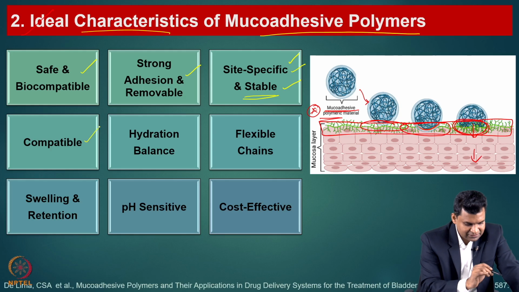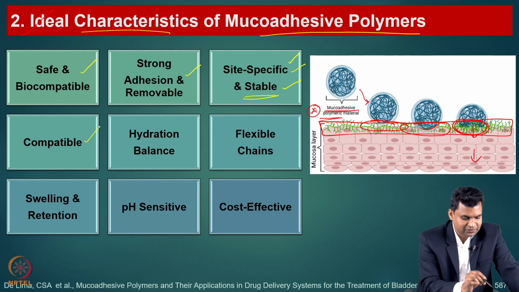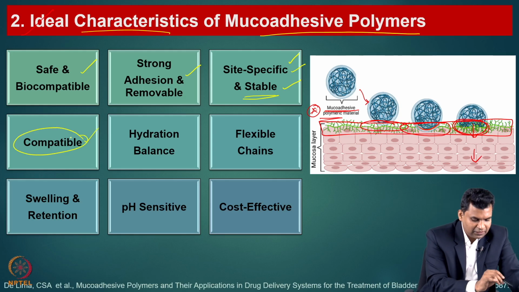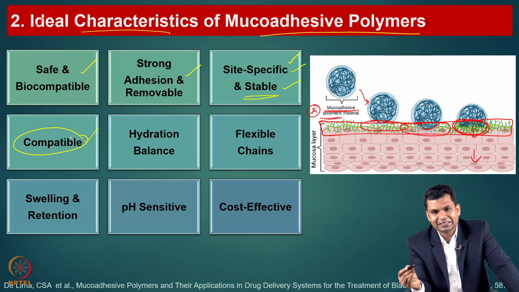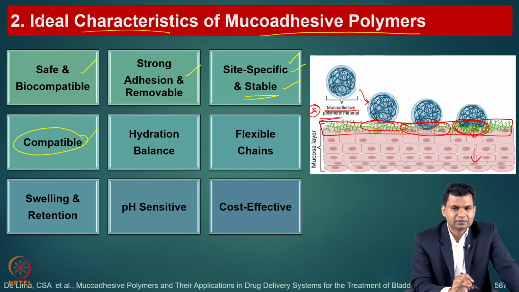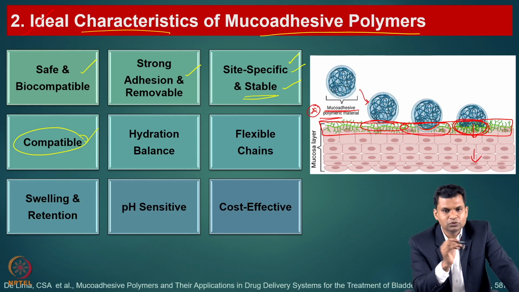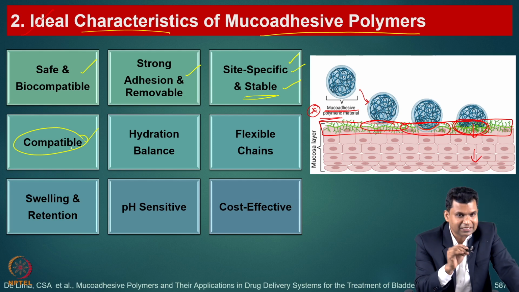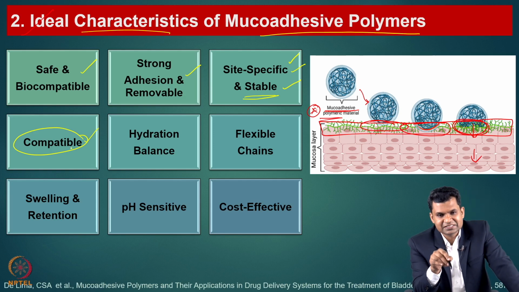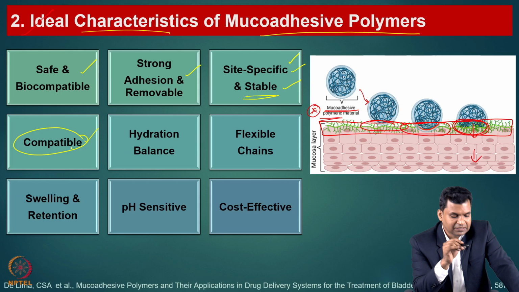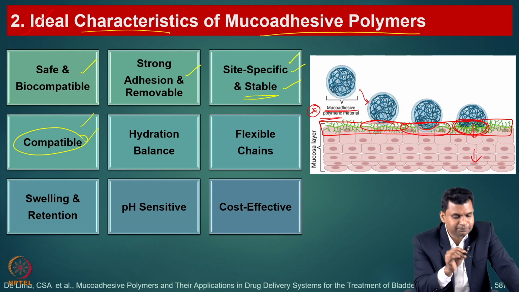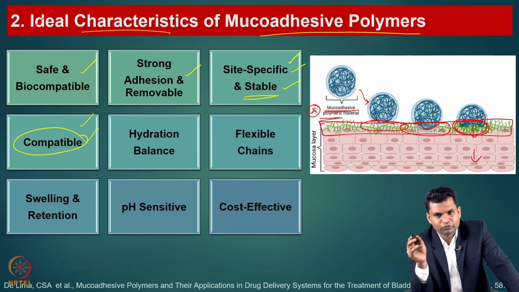Also, we discuss compatibility, that means your material should be compatible with other ingredients and active molecules. It should not affect the therapeutic efficacy and safety of the other components used in the dosage form. That needs to be checked in pre-formulation studies before performing the actual studies.